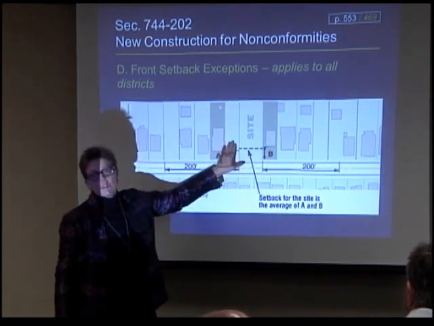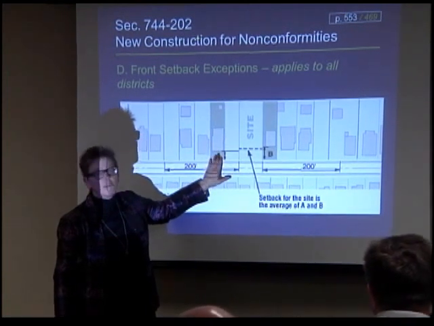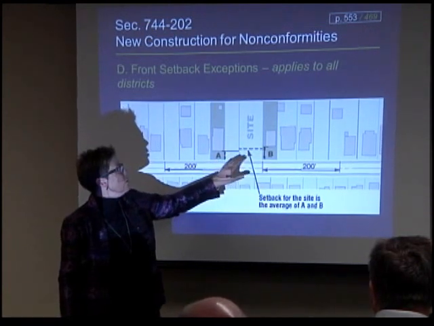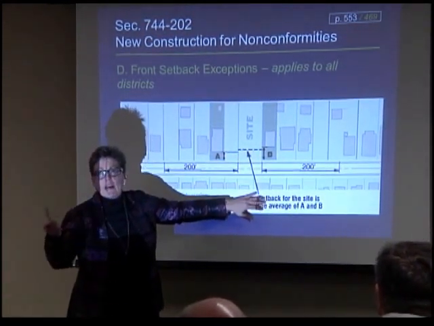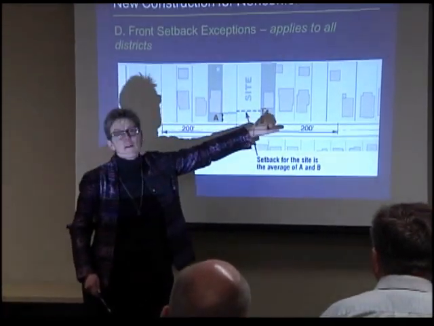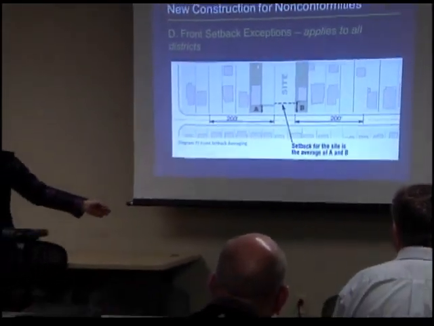This one, the first lot, is vacant, so we don't use that for the average. We go to the one with the first structure, and we use that. So the front setback averaging is just using this number and this number, not all those houses along each side.